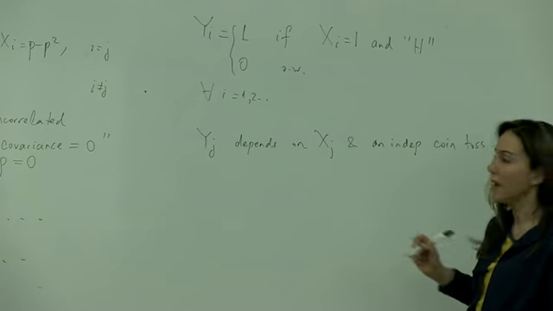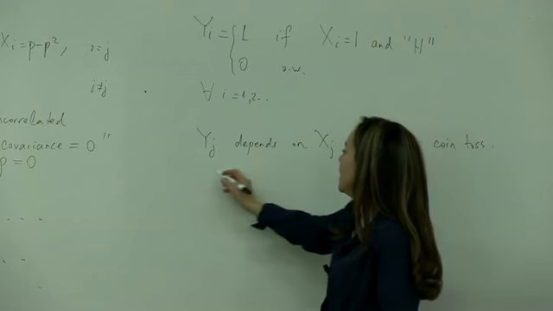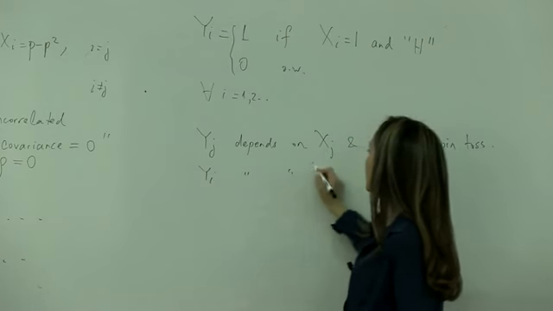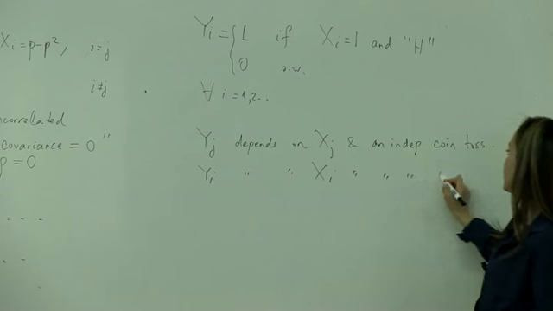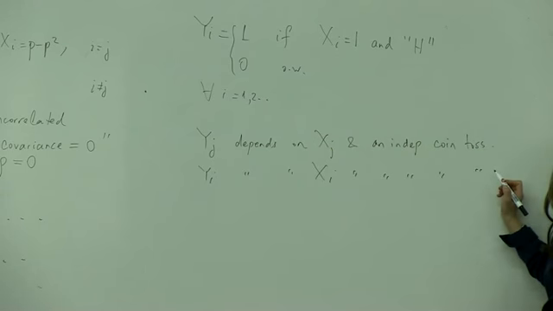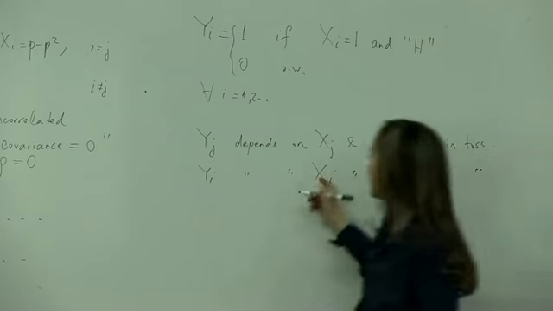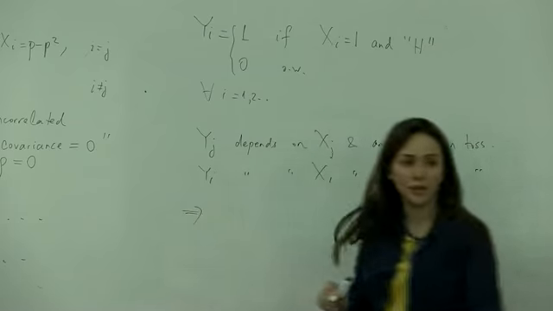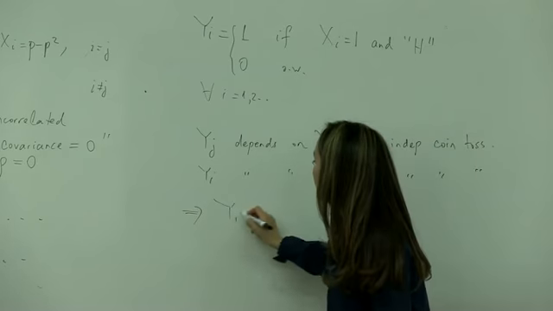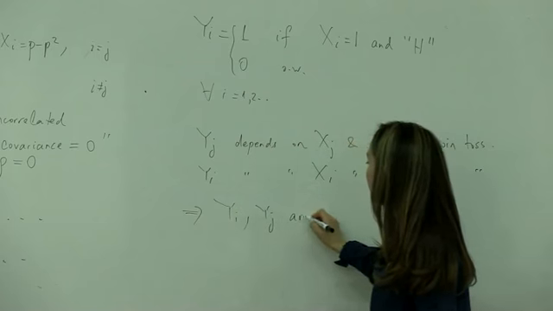Since xi and xj and the coin tosses are independent, yi and yj are independent.